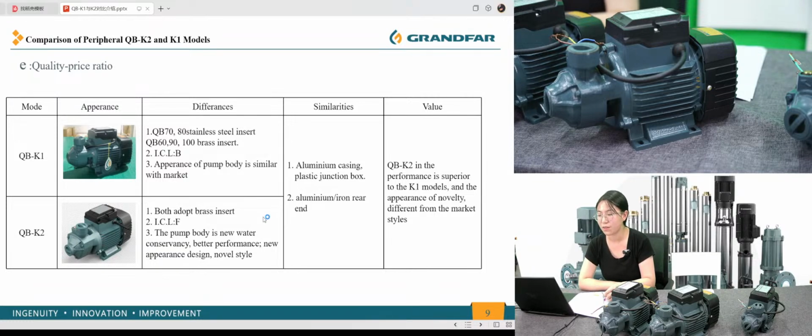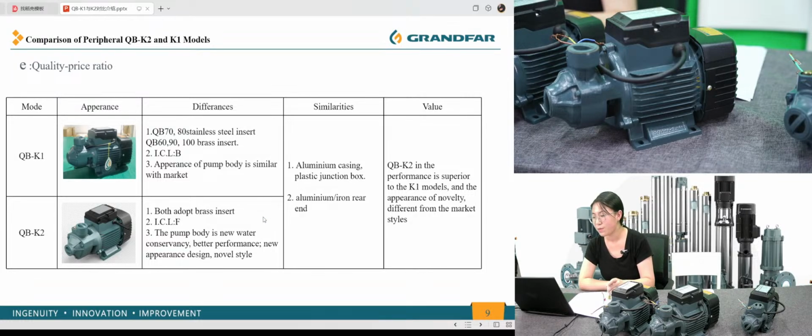That's because we use a more convenient design, so we can see the differences more clearly than before.